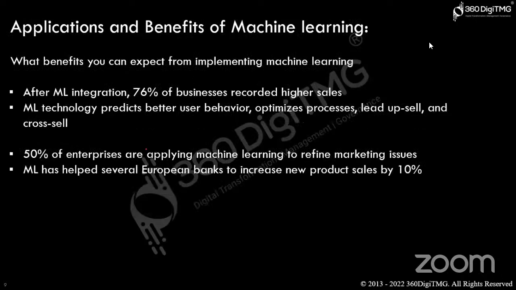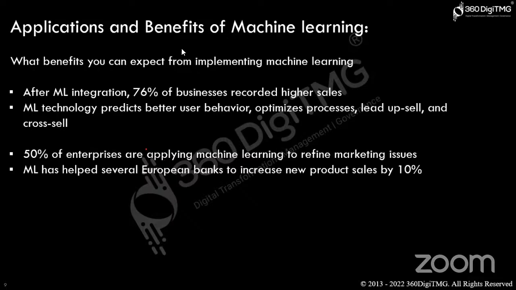What are the benefits when it comes to machine learning? Ultimately, at the end of the day, what are the things that are needed? You have to increase the sales of the company, or you have to increase the profits of the company. That is the end goal, right, for any machine learning model when it comes to web as well as mobile-based analytics.